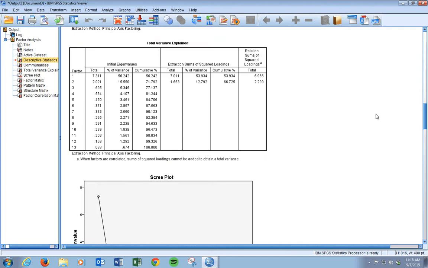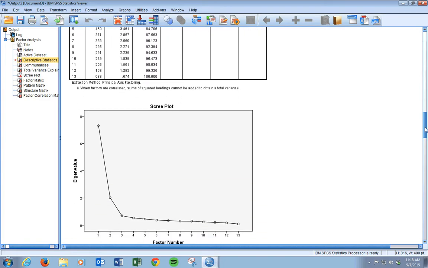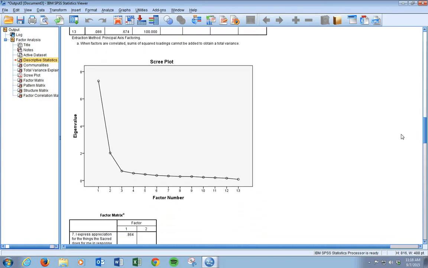The first explains 6% of the variance, and the second is 15.66%. This is the scree plot. So what you're looking for here is where there's a pretty discrete bend. So after the second factor, all the other factors are kind of a wash. They're explaining a similar amount of variance.